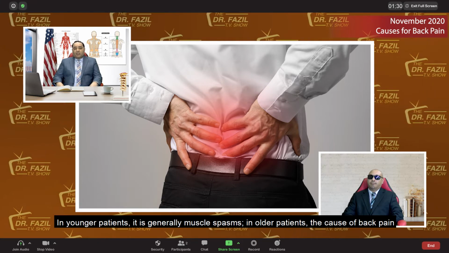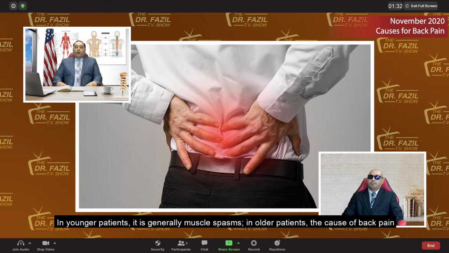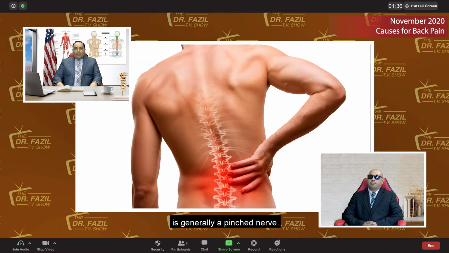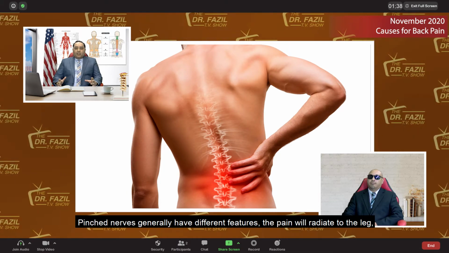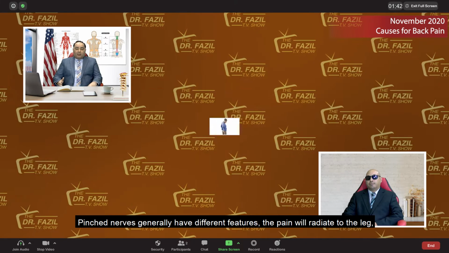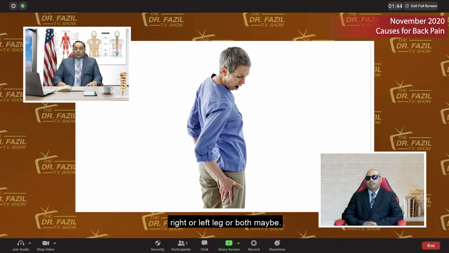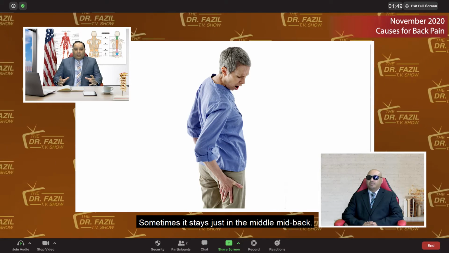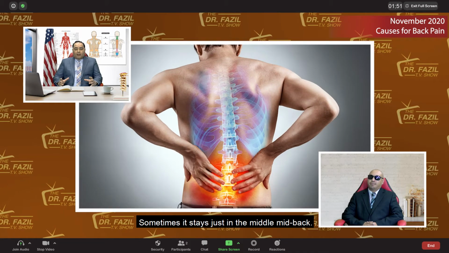In younger patients, it's generally muscle spasm. In older patients, the cause of back pain is generally a pinched nerve. Pinched nerves generally have different features. The pain will radiate to the leg, right or left leg, or maybe both. Sometimes it stays just in the mid back.